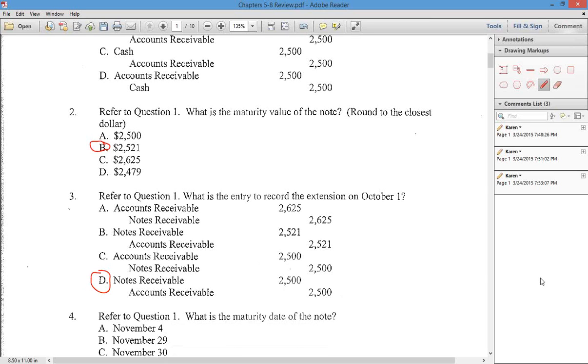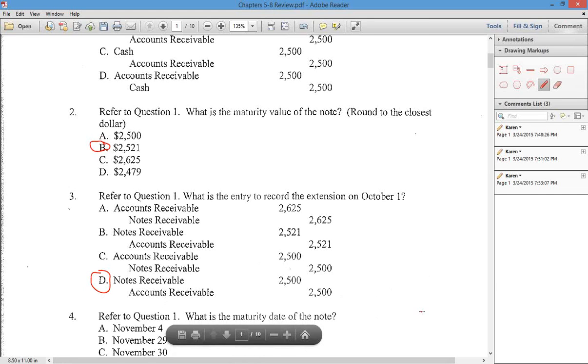Because then when they would have paid that note off, the company would have had cash of $2,521, interest income of $21, and the note receivable would have been zeroed out at $2,500.